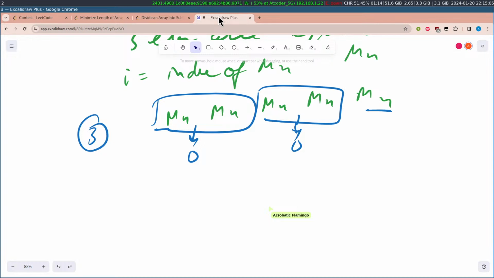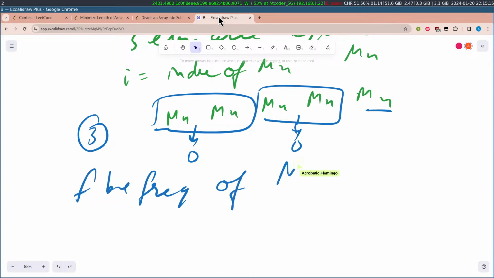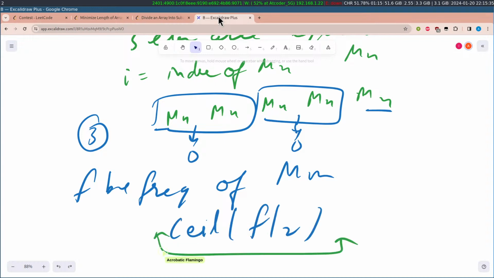So one possible solution is, what we have now found is one possible way to find it over here. I am not fully done with all this.